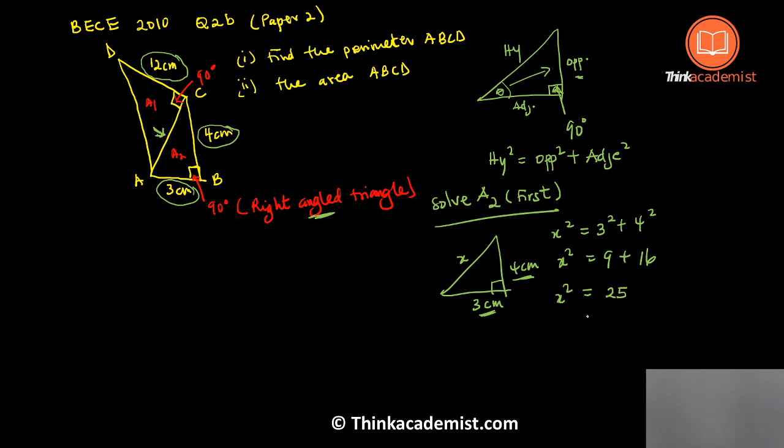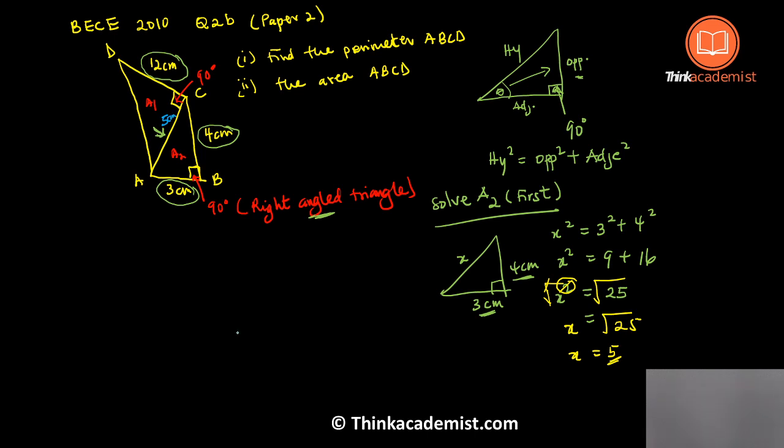We want the value of x, not x squared, so we need to get rid of this square by applying the square root on both sides. Then we have the square root of 25. 25 is a perfect square because one number multiplying itself gives us 25, and that number is 5. So the value of x is 5.